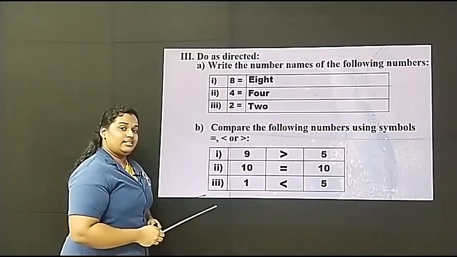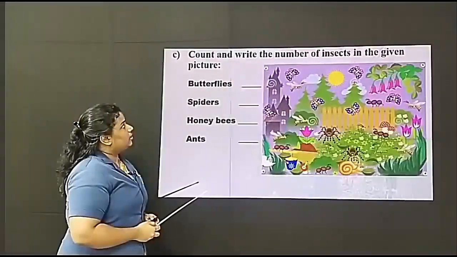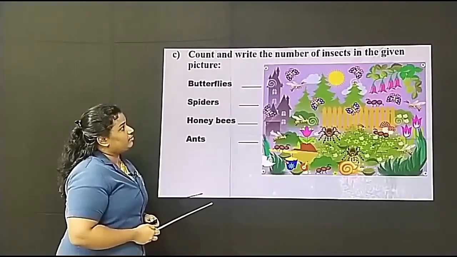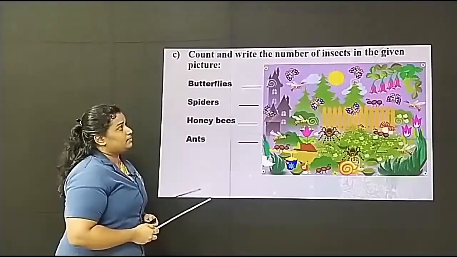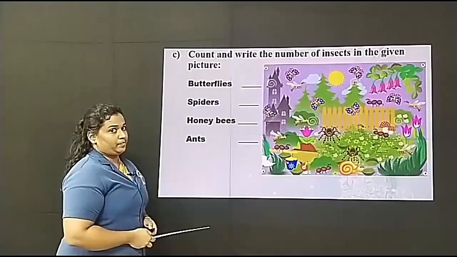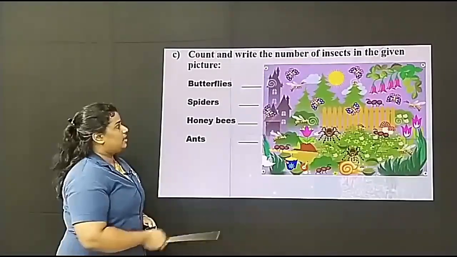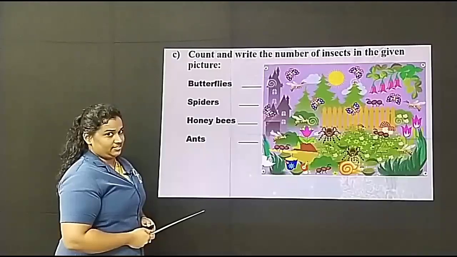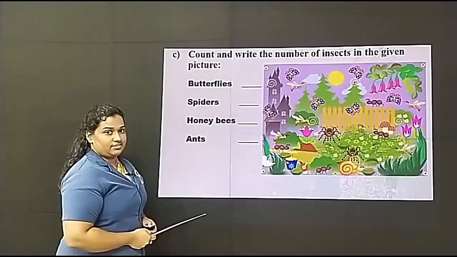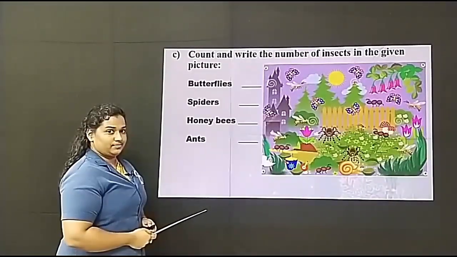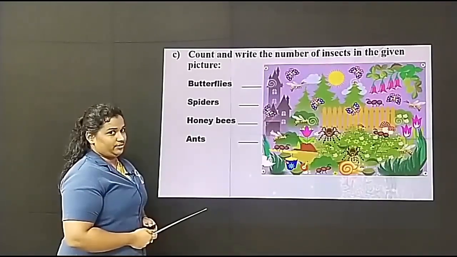Now let's solve the next exercise. Count and write the number of insects in the given picture. So the first insects, butterflies. How many butterflies are there in the given picture? Very good.